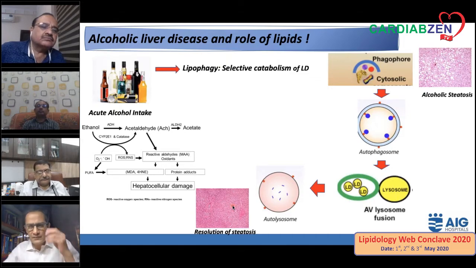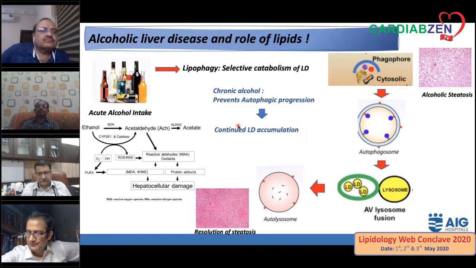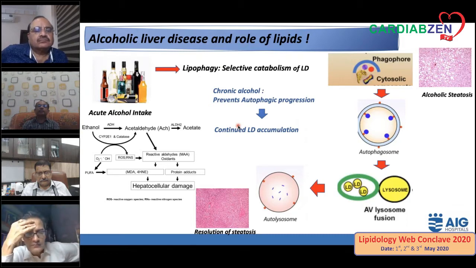But what happens when a person continues to take alcohol chronically? There is a prevention of this autophagic progression. There are alterations in possibly many pathways, which lead to continued lipid droplet accumulation, leading to injury to the liver.